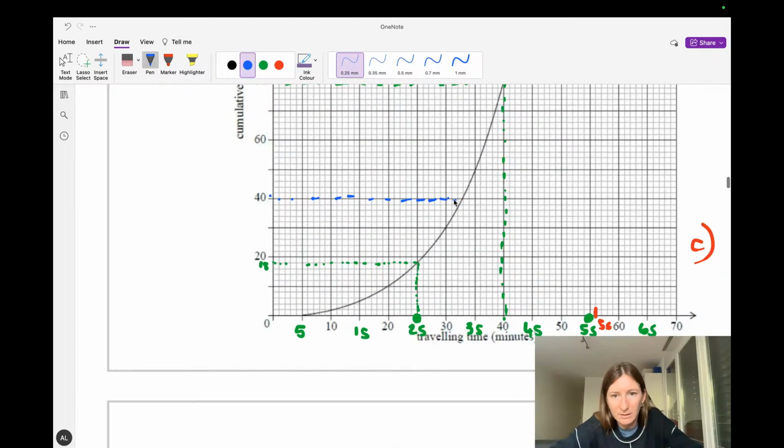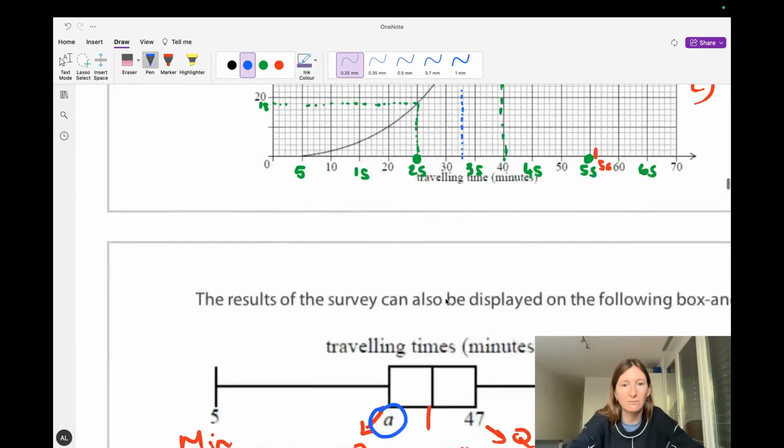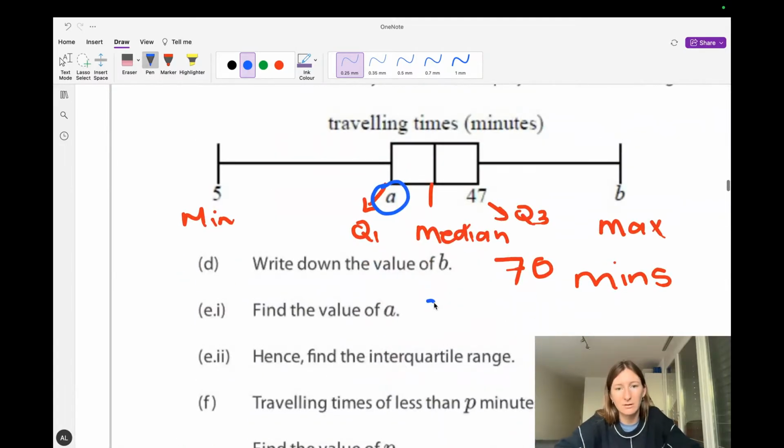Sorry, with all the zooming in, it's really small. That looks like 31, 32, 33. So 33 minutes is our quartile 1.